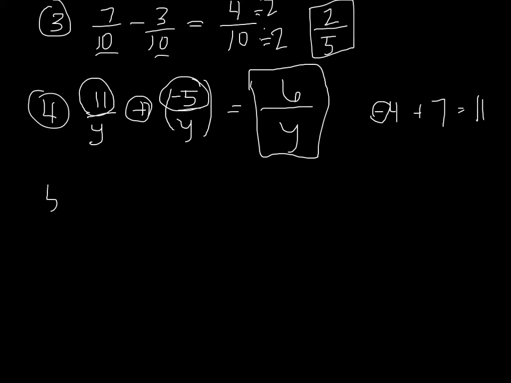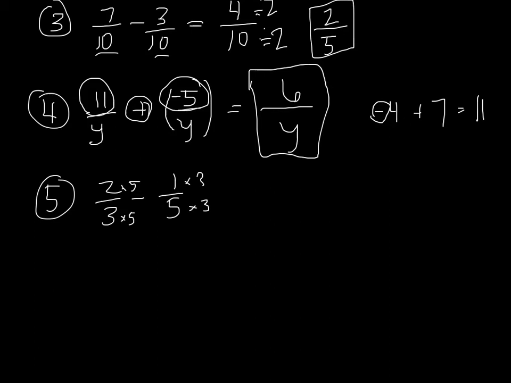Let's try another one. 2/3 minus 1/5. Okay, so now this is one where we do not already have a common denominator. So we will have to figure what our common denominator should be. So if we multiply by 5 on the bottom, multiply by 5, multiply by 3. Sorry, we're not supposed to be saying times.